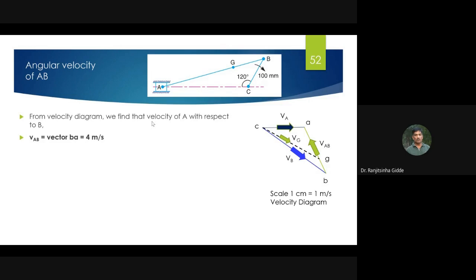Write down: vector ba is equal to 4 meter per second. You can write 4 centimeter and then 4 meter per second.